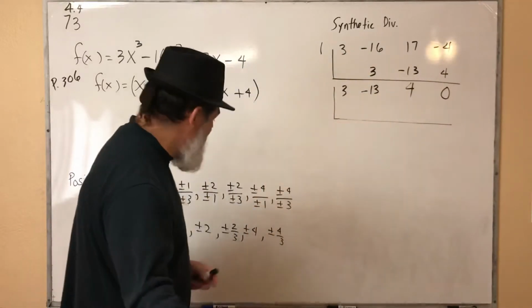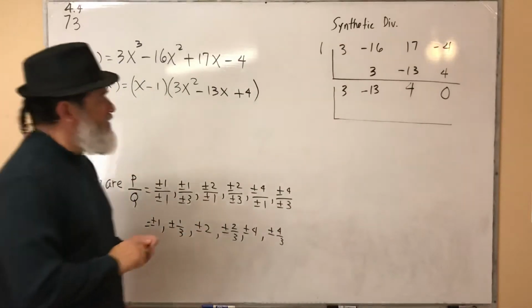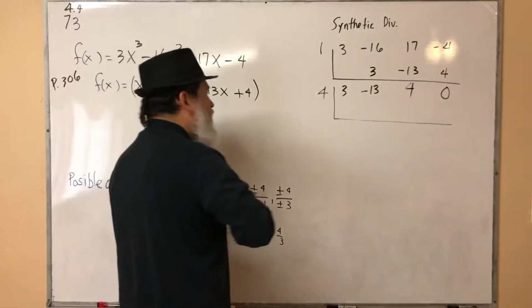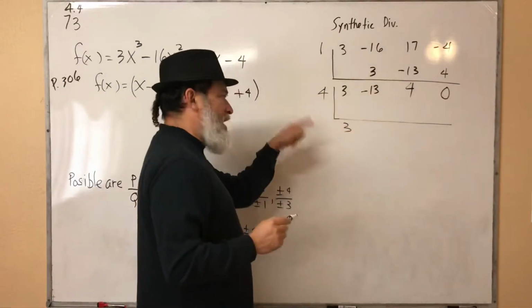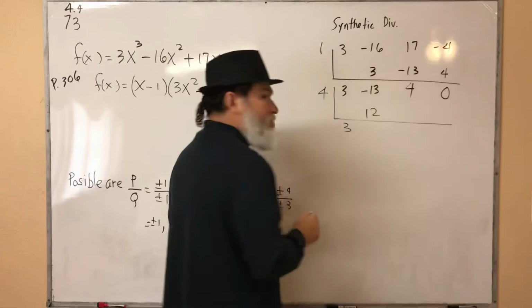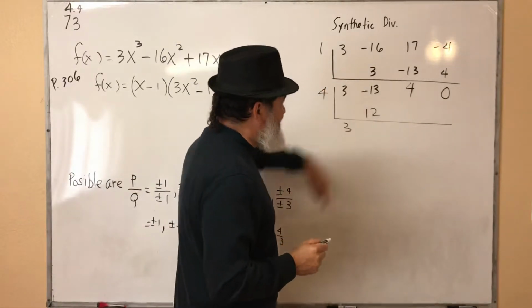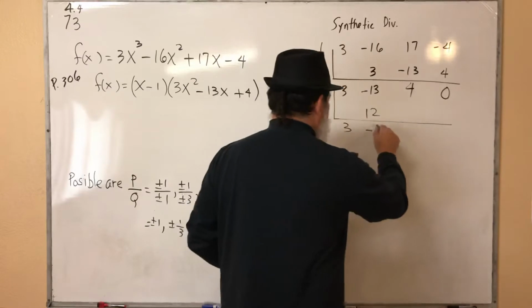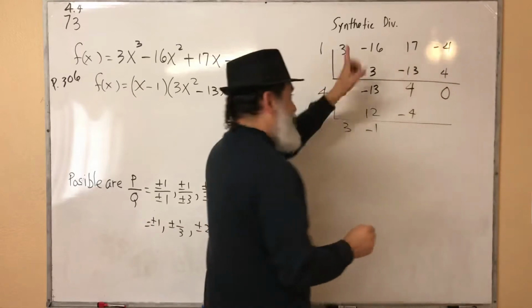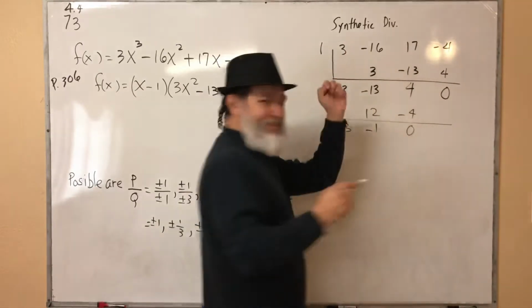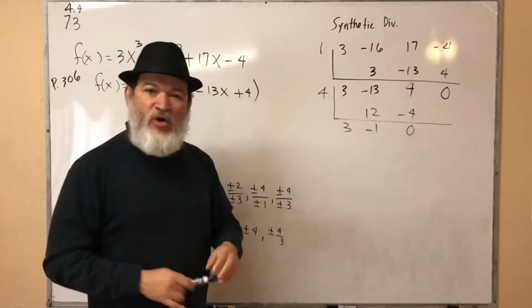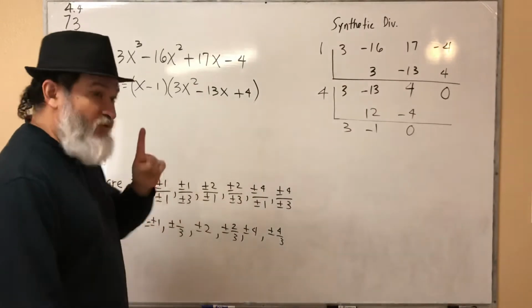Let us try 4. Bring down. Multiply. Multiply. Add. Add. Multiply, add. Yes. 4 is a zero.